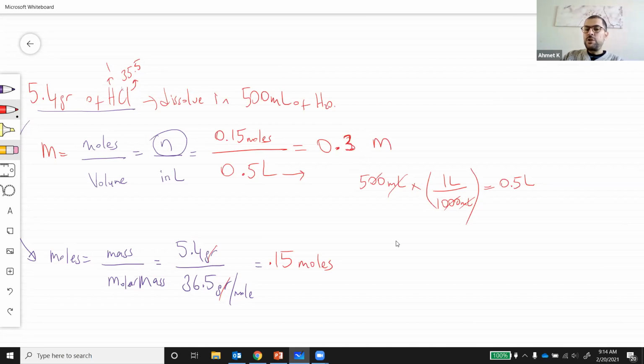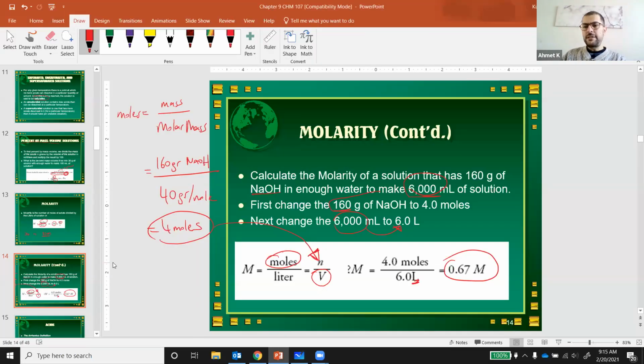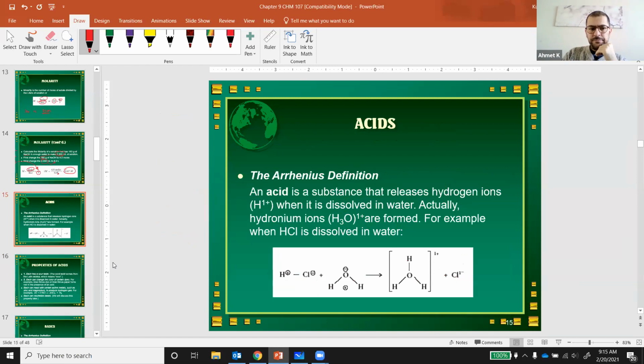So it's going to be 0.3 M, right? 0.3 molar, basically. Okay? Make sense, everybody? Good. Perfect. All right, so let's move on. Again, those are two units that we use whenever we are describing the molarity.